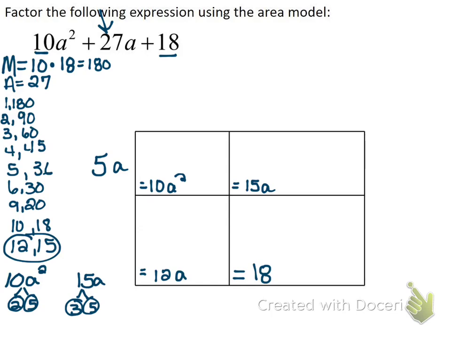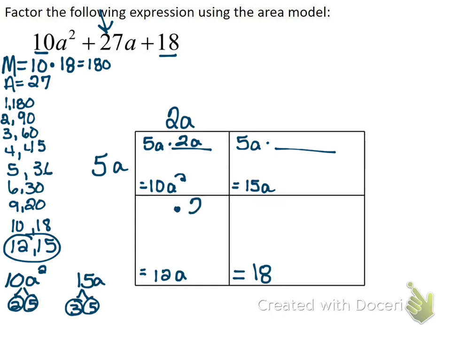So now I have enough information to start solving my area model. I'm going to have my height times something, so I'm missing my length, so I'm still trying to find my length. So 5a times what will get me to 10a squared? 2a. And if this is the length of my rectangle above, it's also going to be the length of what?